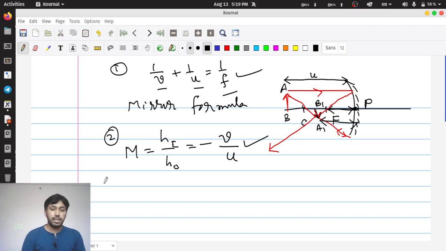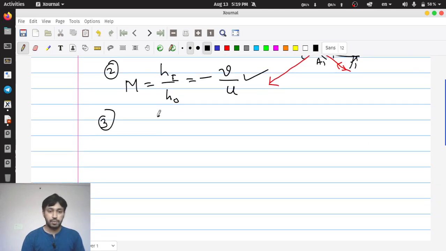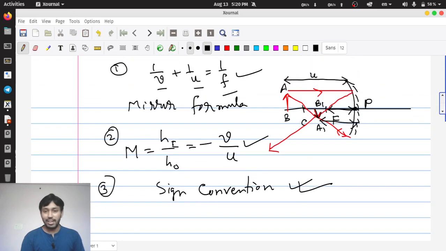These two main formulas will be involved here. And number 3, you have to consider the sign convention. Without this, all things will go wrong. You have to apply sign convention in every case to get the correct answer.